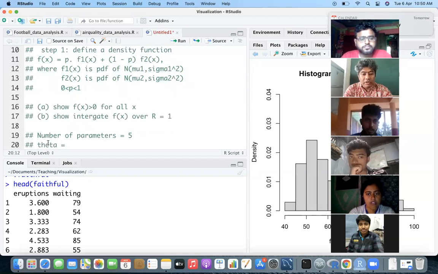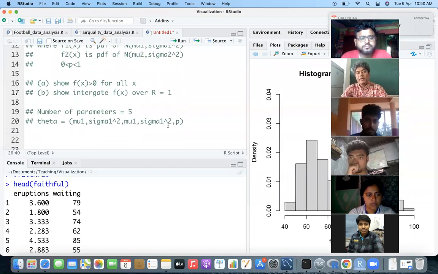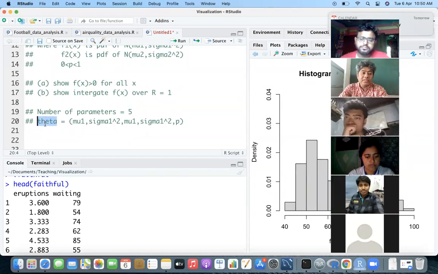So it will be basically mu1, sigma1 square, comma mu2, sigma2 square, comma p. So these are the 5 parameters. I have to estimate this theta vector, or the parameters, from the data.